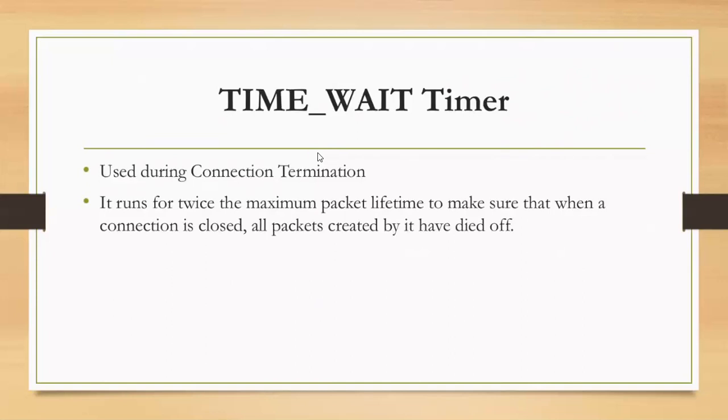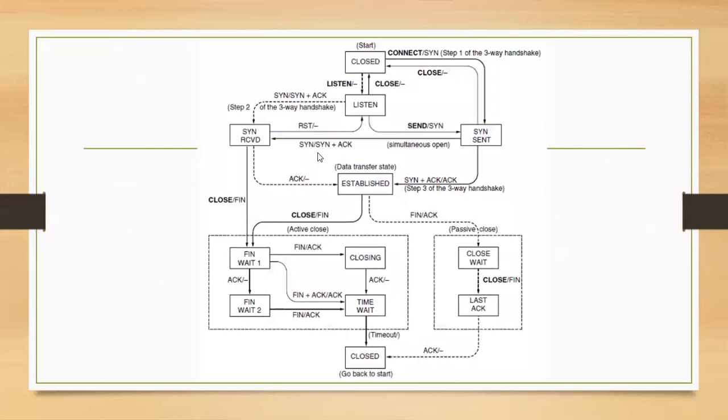And finally, we have the time wait timer. This is basically used during the connection termination. We had seen this time wait when we discussed the connection termination, or the finite state automata for connection establishment. If you recall this diagram, you can see here, this is the time wait state.